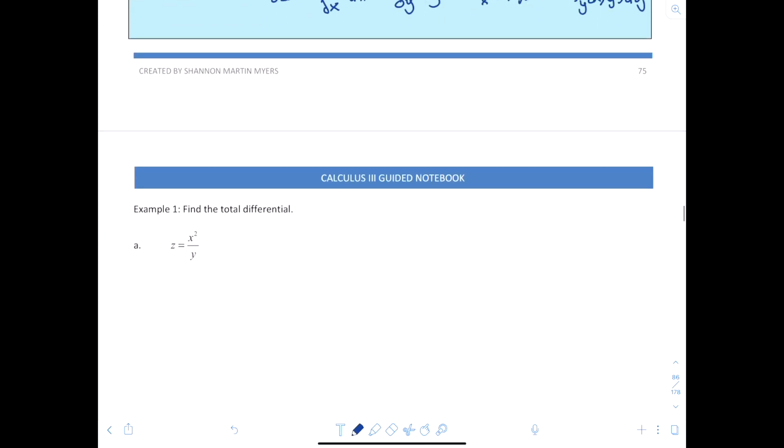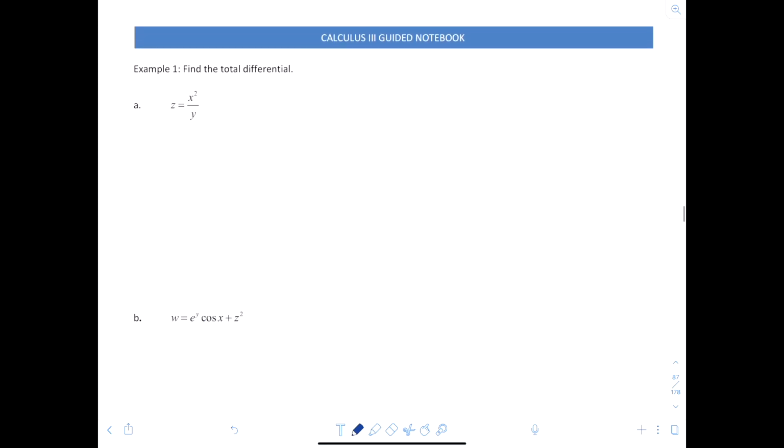Okay? So let's find the total differential here. We've got z is equal to x squared times y. So what would we do? What are we going to need to find? Good. We're going to need to find zx. So zx, if you remember from before, will be, good, we treat the y as a constant.